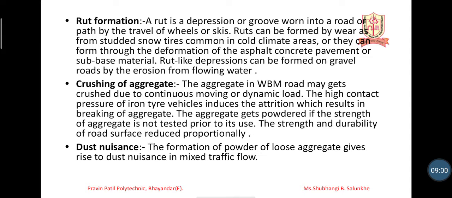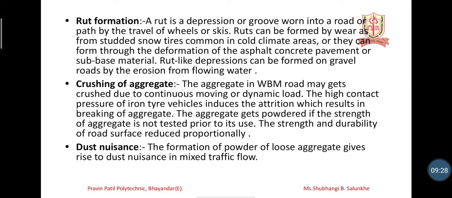The next one is crushing of aggregate. The aggregate in a WBM road may get crushed due to continuous movement or dynamic load. The higher contact pressure of the iron tires and wheels of vehicles induces attrition, which results in breaking of aggregate. The aggregate turns to powder if the strength of the aggregate is not tested properly before use.